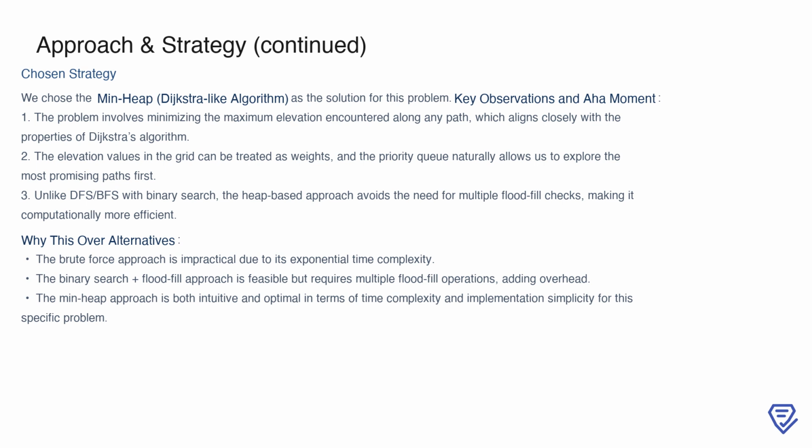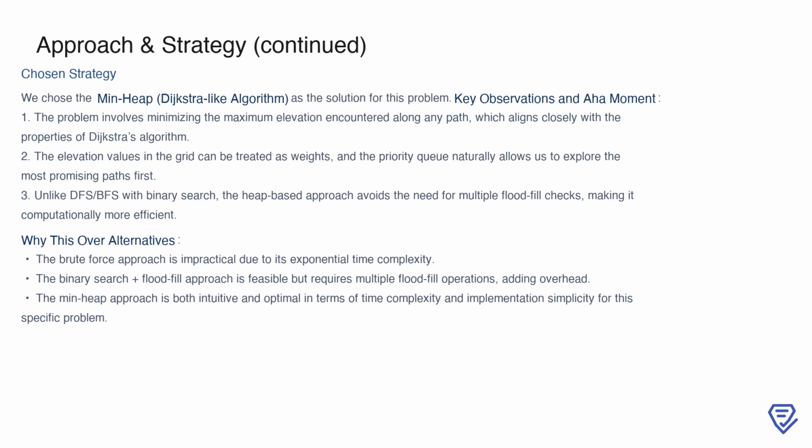We chose the min-heap approach for solving this problem because it aligns closely with the core requirements of minimizing the maximum elevation along any path. The use of a priority queue ensures that we always explore the most promising paths first, which is a hallmark of Dijkstra's algorithm. Key insights that led to this choice include the realization that elevation values in the grid can be treated as weights, and the heap structure directly accommodates this.